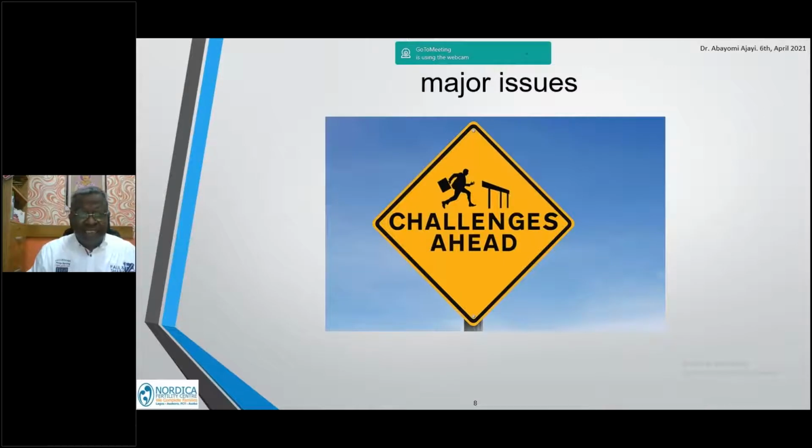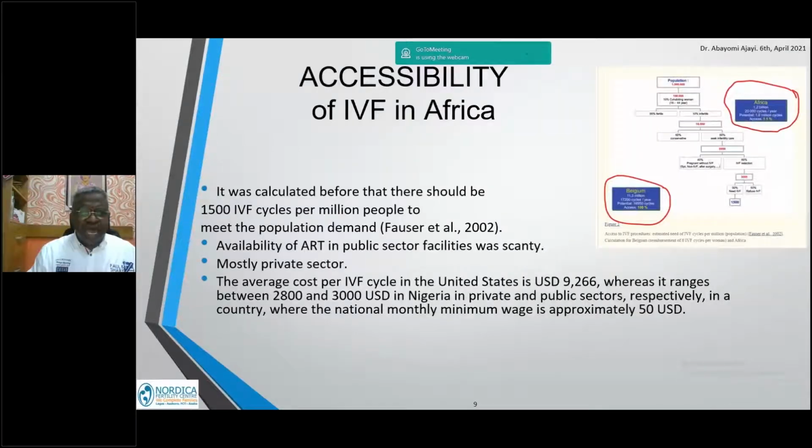What are the challenges that we have to face in order to make access widespread in Africa? From the work of FOSA in 2002, we have agreed that to meet the needs of ART, we need to be providing about 1,500 cycles per million population.